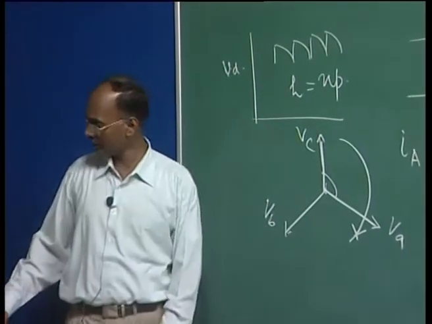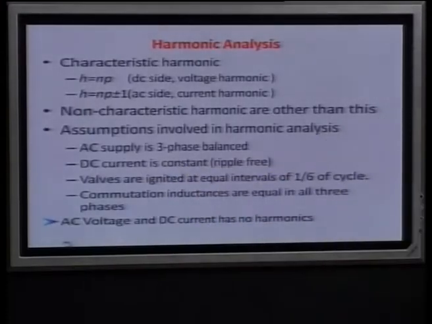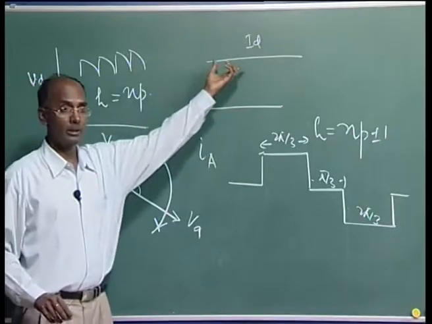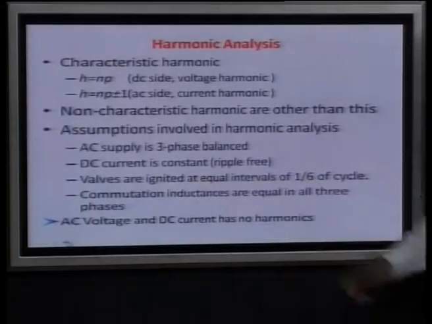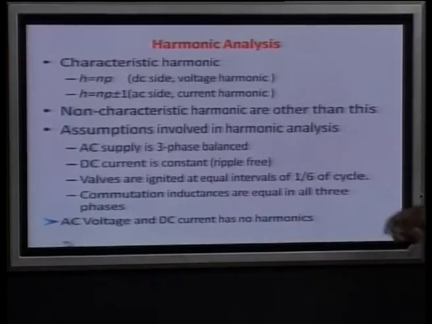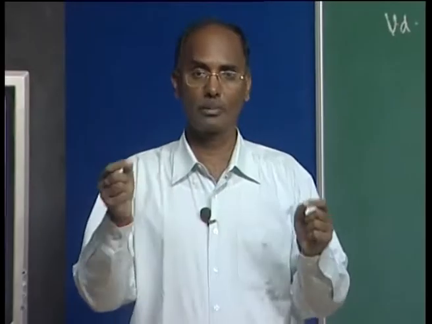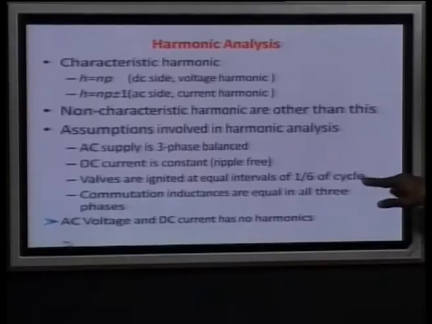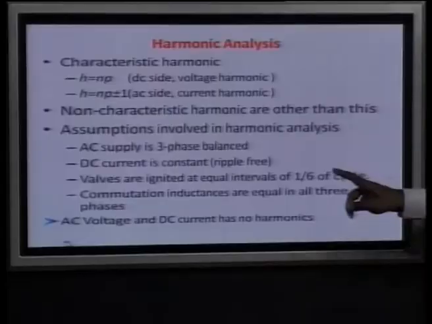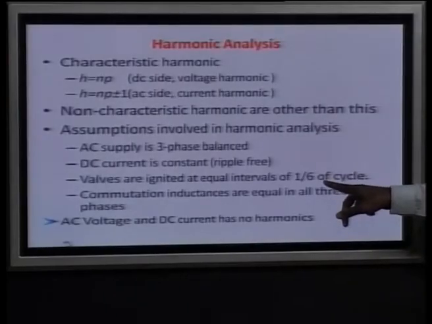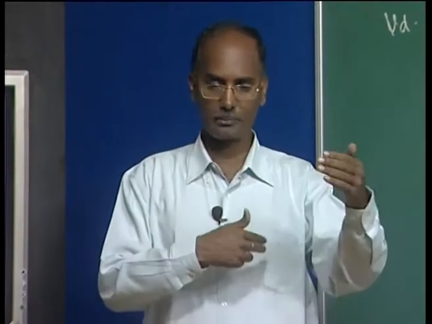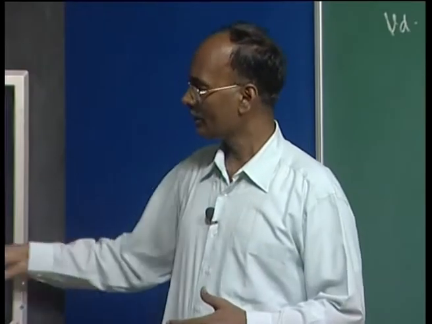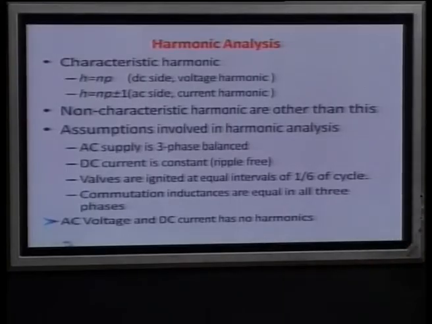The DC current is constant, ripple free, and all the valves are igniting at equal intervals of 1/6 of the cycle. Here we are going to analyze a 6 pulse converter right now, and if we have two 6 pulse converters connected by star-star and star-delta transformers, 2 bridges in series, then we can have the 12 pulse, we will see.